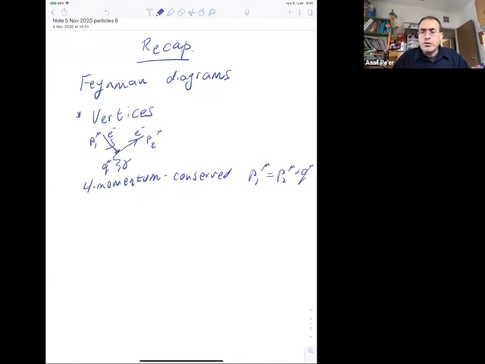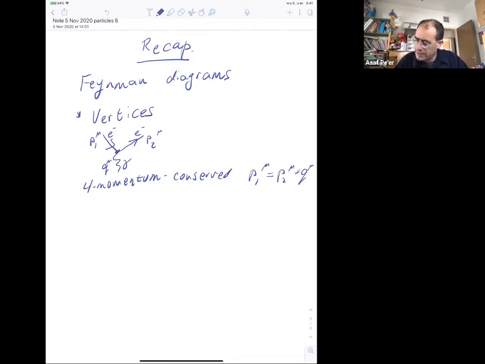Now there are many other conserved quantities. We'll go through a partial list today and a full list in the tutorial of all the conserved quantities, which determine what interactions can happen, right? But of course, not only the four-momentum, also angular momentum, leptonic number, baryonic number, what's called strangeness, what's called parity, many things that are conserved in each vertex.